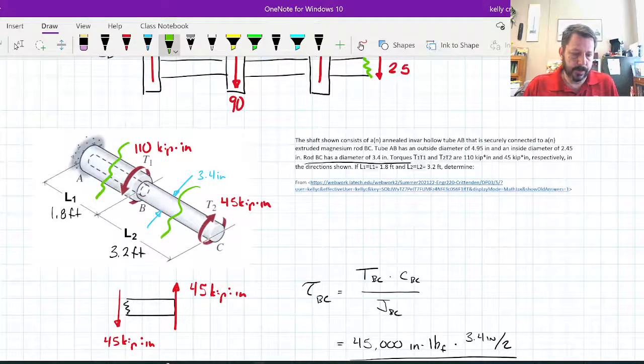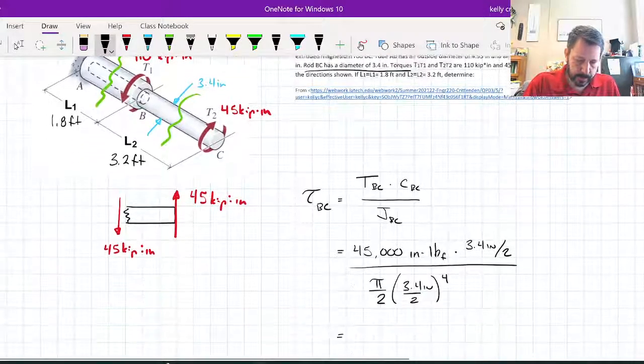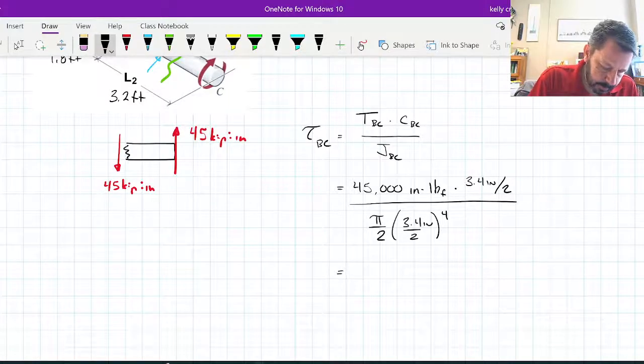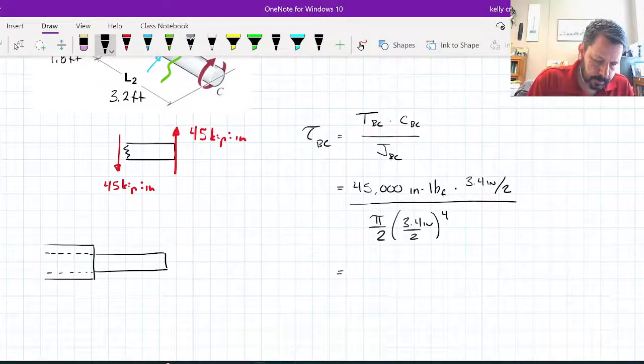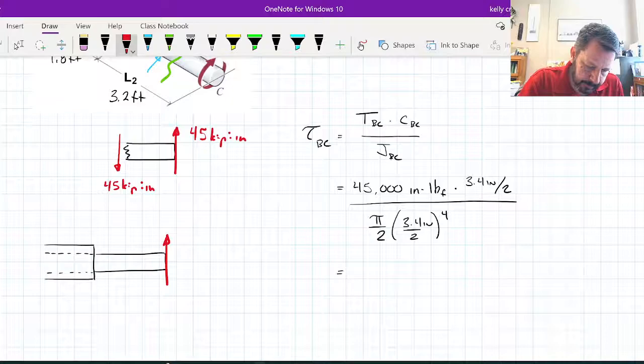I'm just going to draw the free body diagram from the free end over to AB, which will give us the same thing. So here's what I want to do. Here's that section. And then here is our magnesium section. I've got 45 kip inches here.